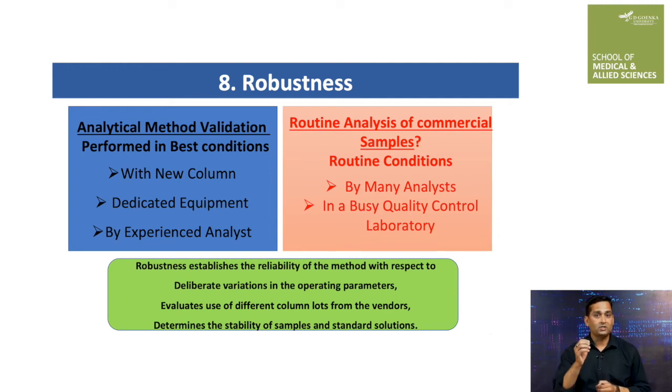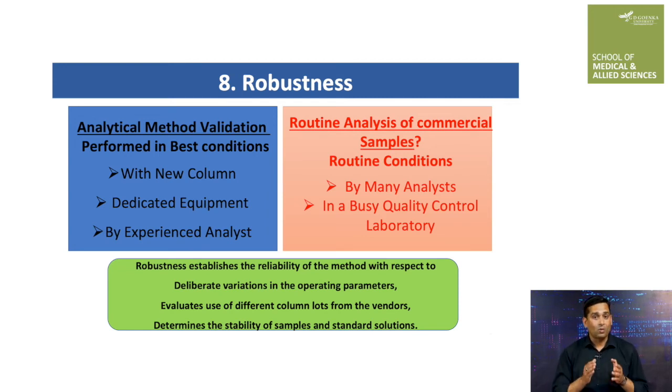Thus, robustness establishes the reliability of the method with respect to deliberate variations in the operating parameters, maybe different column lots from different vendors. It also determines the stability of samples and standard solutions.